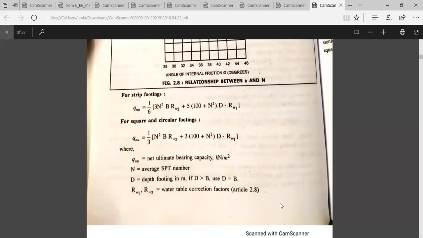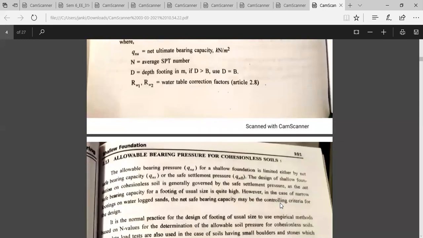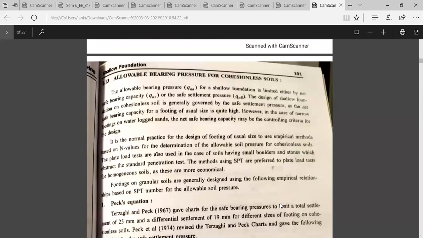Here the notation is: qnu is the net ultimate bearing capacity, as you already know, measured in kilograms per square meter; N is the SPT number; D is the depth of footing; and Rw1 and Rw2 are water table correction factors, which we described in article 2.8.